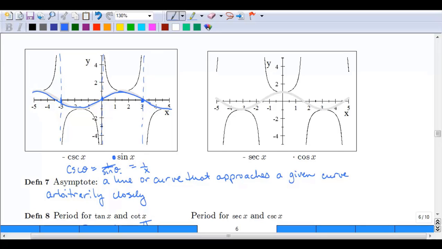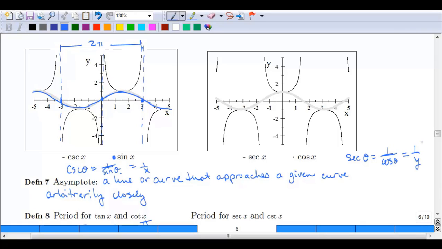Cosecant here actually has a full cycle of 2 pi. It is this part of the graph, this downward U and this upward U. Similarly for secant, secant again is 1 divided by cosine of theta, which was 1 over y.